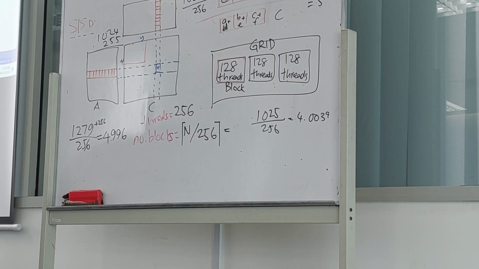You sure? 1024 plus 1279, and I take 256 divided by 256. What do I get? Yeah, I do get that. Let's see.